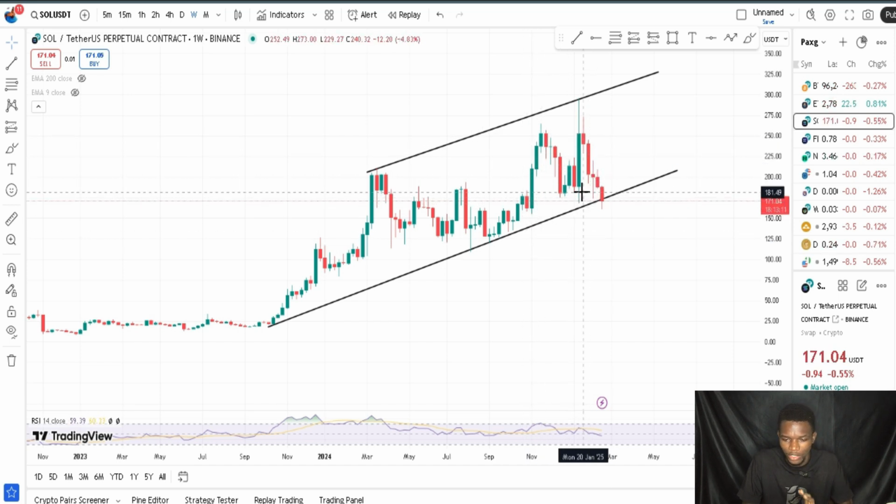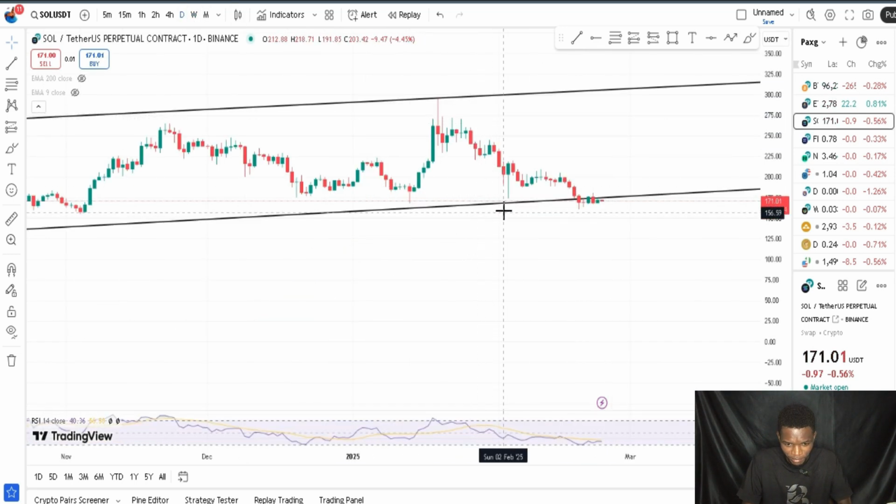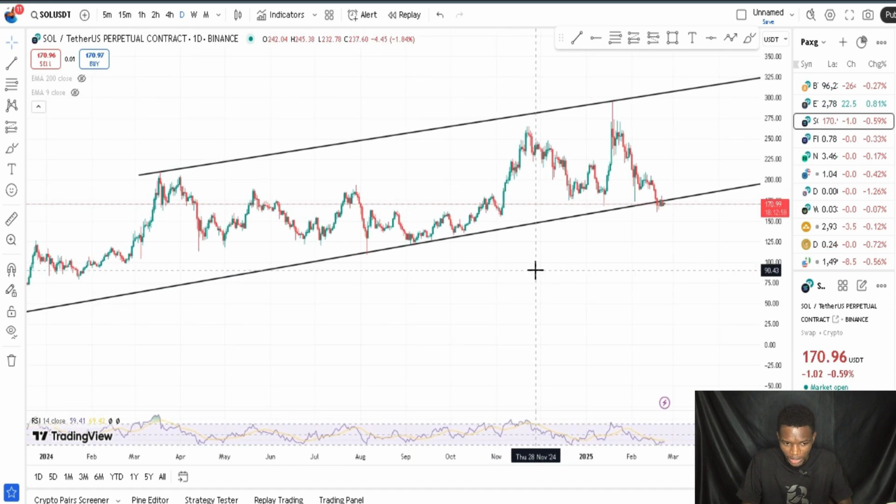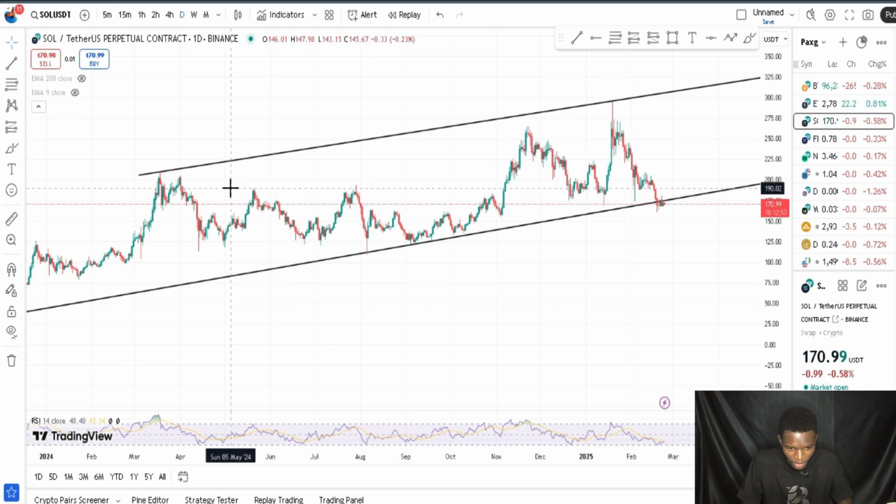But for me to see this clearly on Solana, due to the fact that it has not been long, I'll go down to the daily time frame so that I can see my support and resistance levels much clearer. So on this daily time frame now, we had a support here, a resistance here. Price got to this point, rejected, came back again at that same level, rejected again.